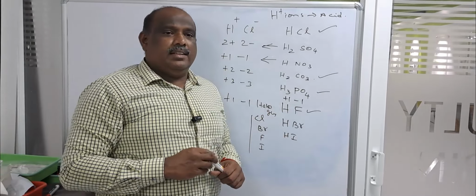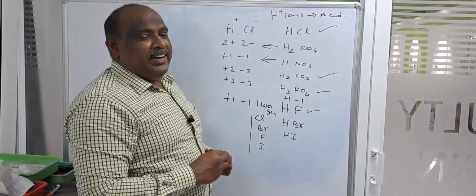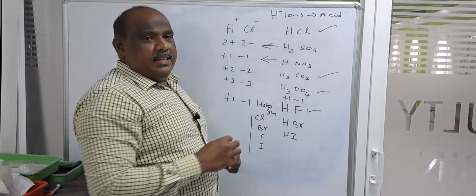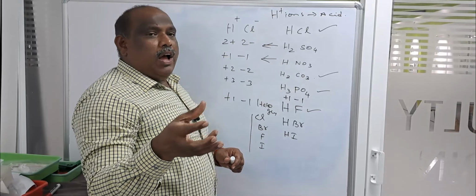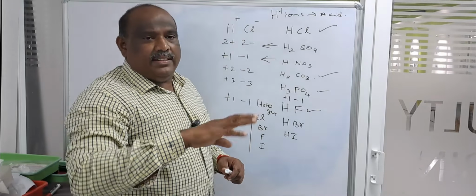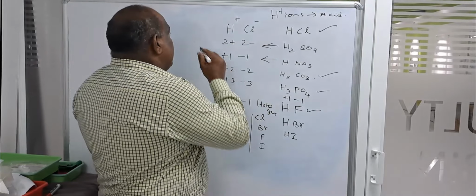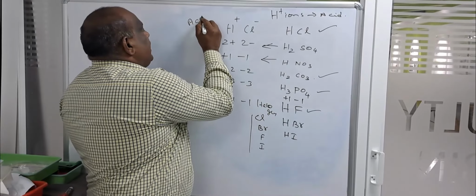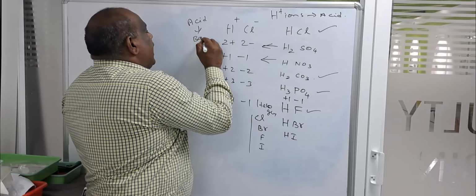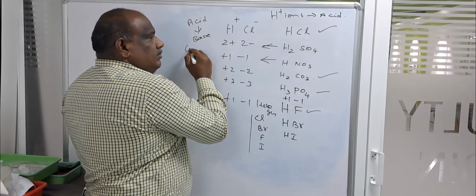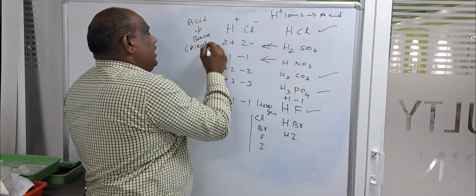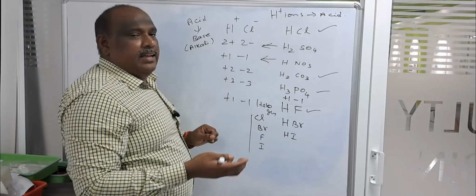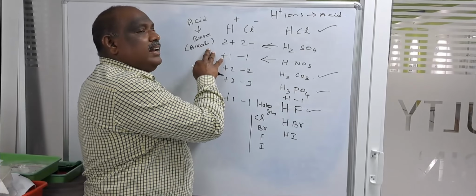Now, I want to make it more interesting. When I'm talking about H plus in an acid, what should the molecule have to be a base? Base is the opposite of acid. Another name for base is alkali. Generally, the solution is called alkali.